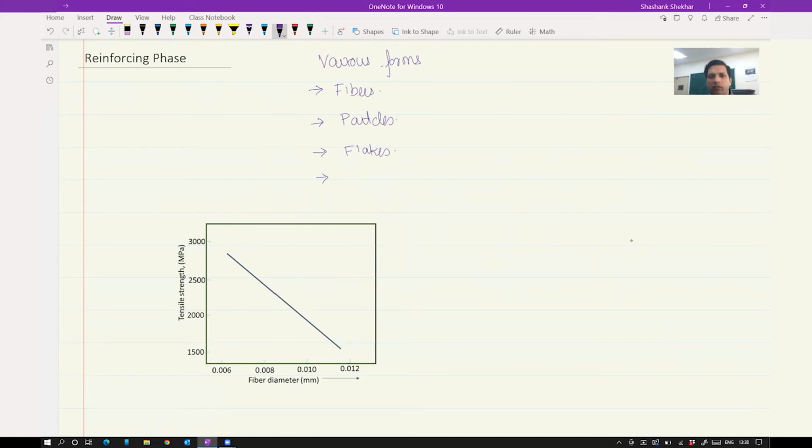Or you can have infiltrated phases. For example, the primary phase may have a lot of porosity, and the secondary phase can infiltrate. When the secondary phase acts like a filler in the matrix, then it is an infiltrated phase. And this is usually found in powder metallurgy.